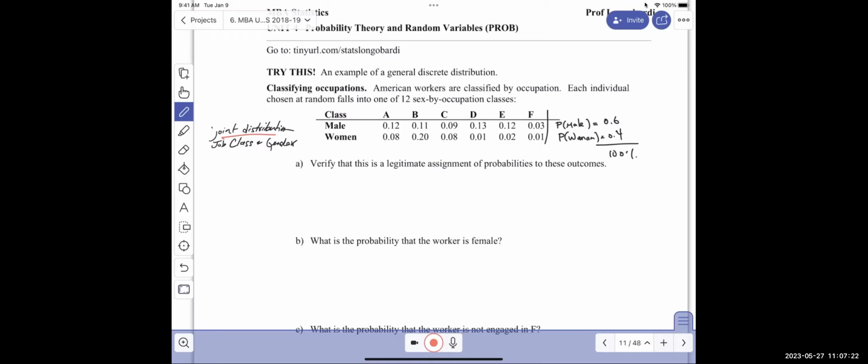Okay, so what this is called is the probability of being male and in occupation class A. If I go down here, I could call this the probability of being in occupation class E, and I can add that up and make it 0.14.